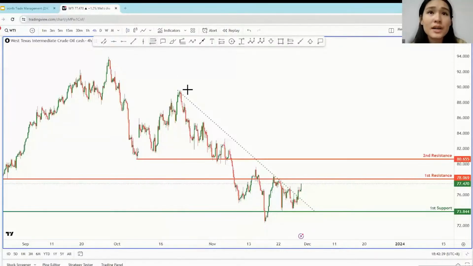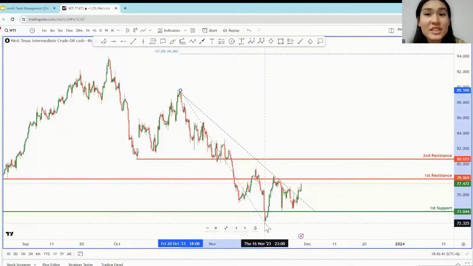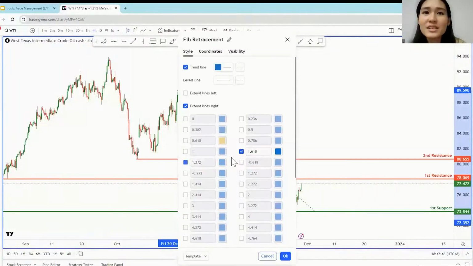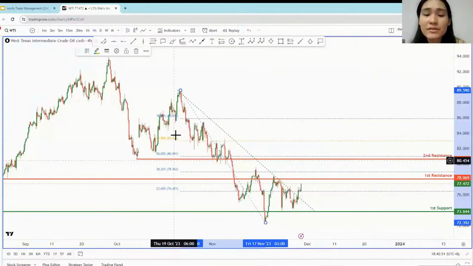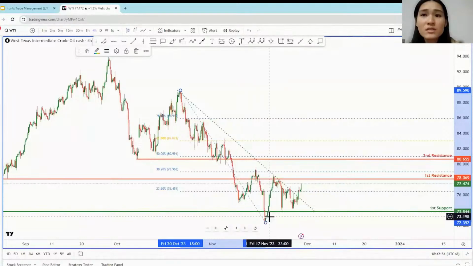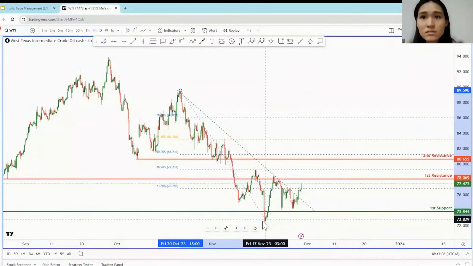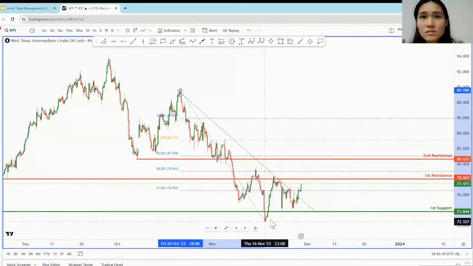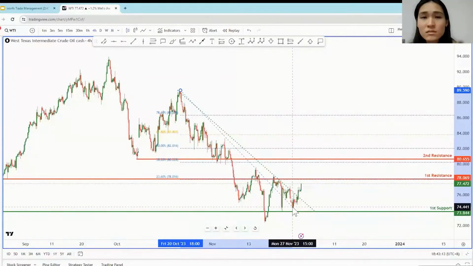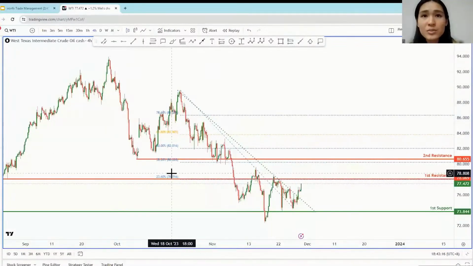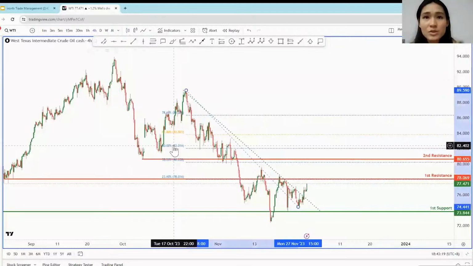Now let's go in with our Fibonacci levels. Okay, firstly is my retracement. Okay, my 50% lines up and my 23.6 as well as 38.2 line up.